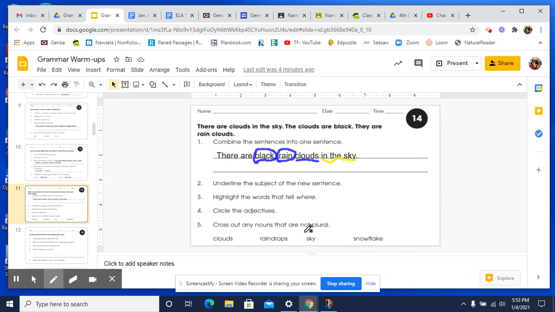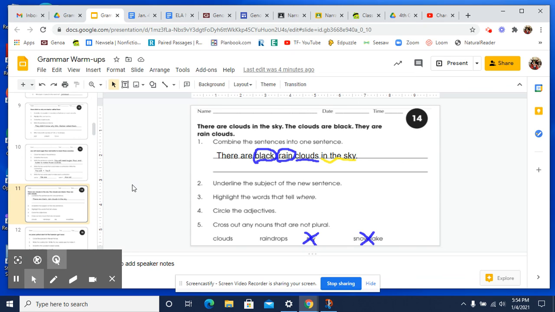So I am going to cross that out because this is singular, and we're crossing out anything that's not plural, which means singular. Snowflake. Well, if it was more than one, we would have an S at the end. It'd be snowflakes. So that is not plural. We need to cross that out. And there you have it.